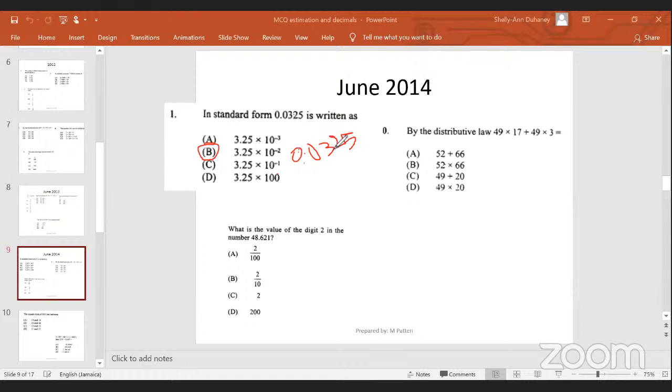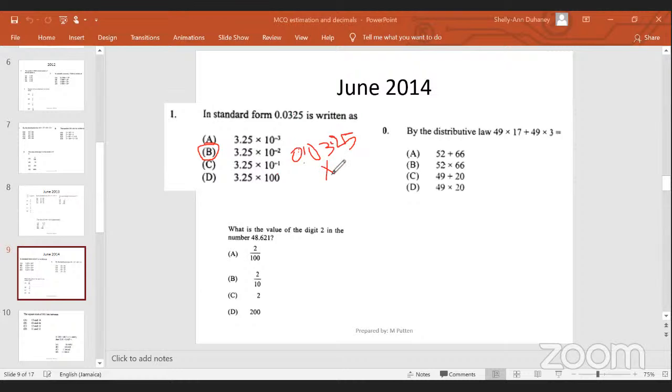So this is where the point should be. To get to that point, how many places do we move? 1, 2. But we need to get back to the original number, so we have to go back. Therefore, the answer would be to the negative power: 2 places, so it is times 10 to the negative 2.